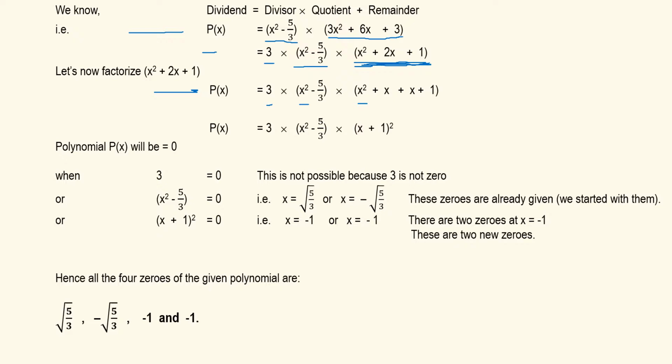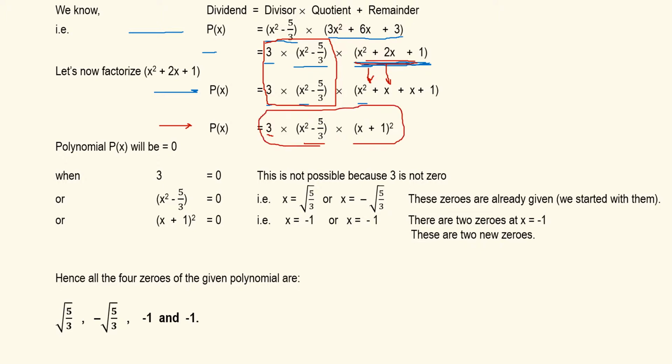You would notice that the first two factors are as it is from the previous step, and the last factor we have simplified further, writing x square plus 2x plus 1 as x square plus x plus 1. So this will help us write px to be equal to 3 multiplied by x square minus 5 by 3 into x plus 1 whole square.